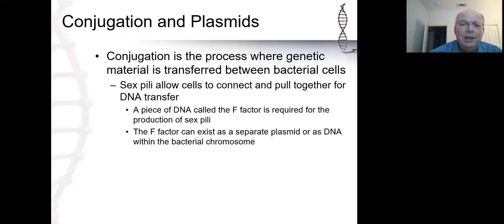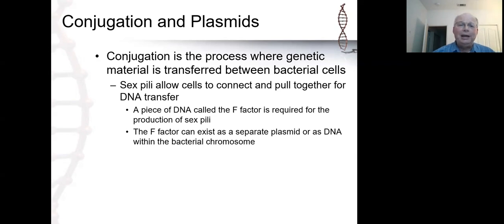The location of the F factor determines what gets transferred in terms of DNA from one cell to the other. So there is something called an F plasmid that contains the F factor. And if that is the case, then the F plasmid itself is what gets transferred. And that can be used in a genetic engineering context, because like any plasmid, the F plasmid can have genes inserted into it.